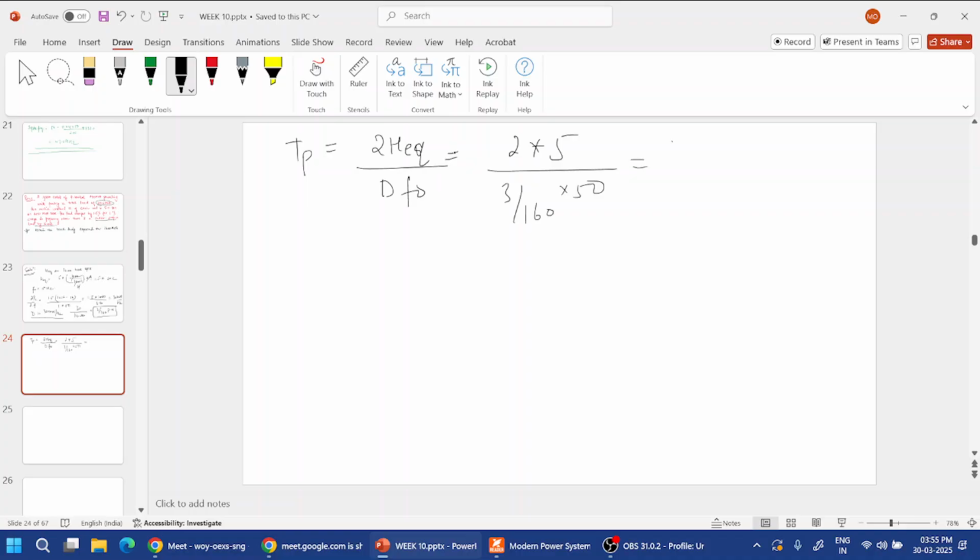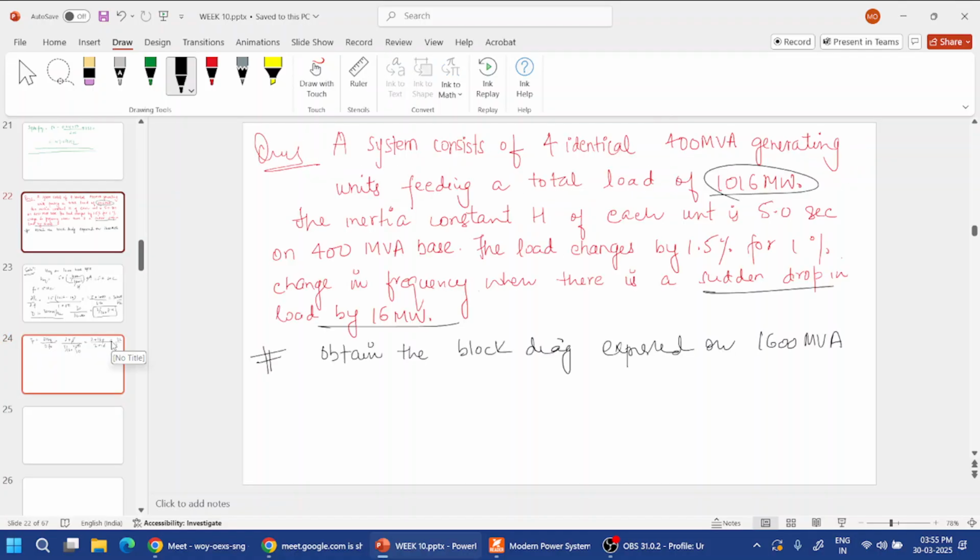So it will come out to be this much: 2 into 160 divided by 3 into 10, it is 32 by 3. Okay, so basically this much will come out.